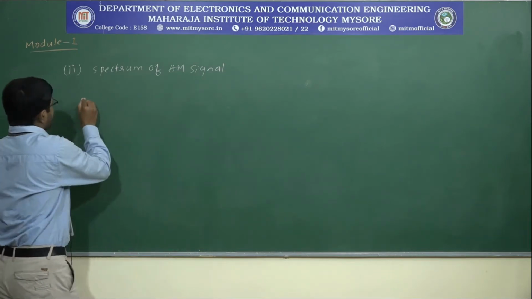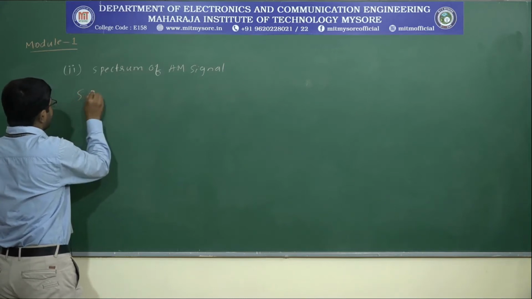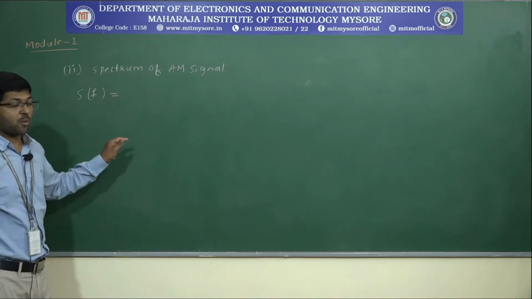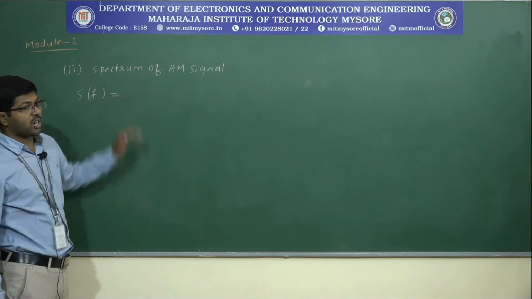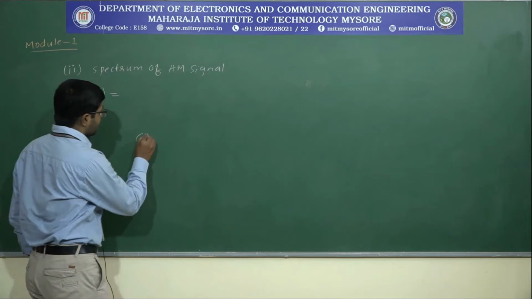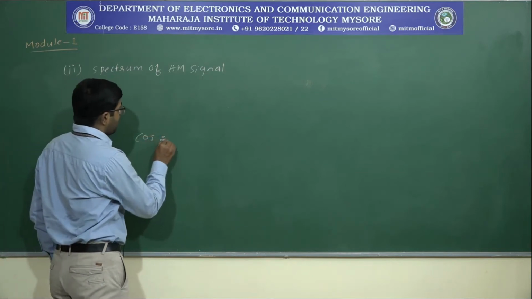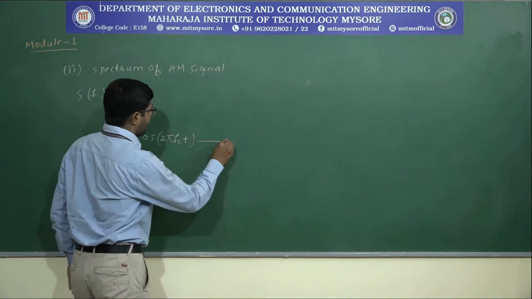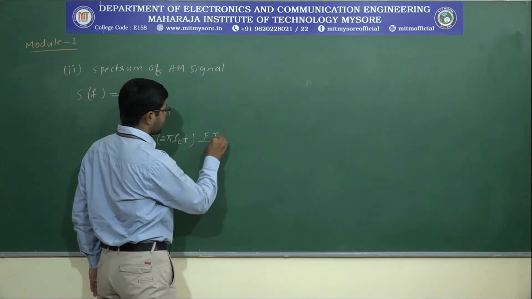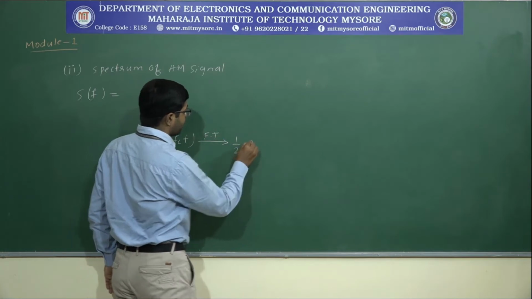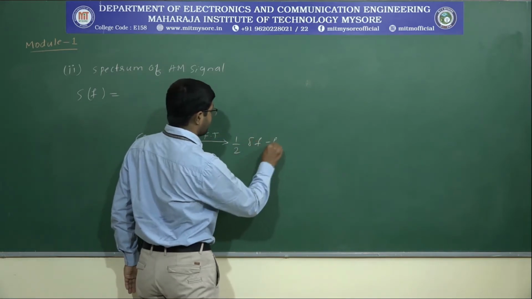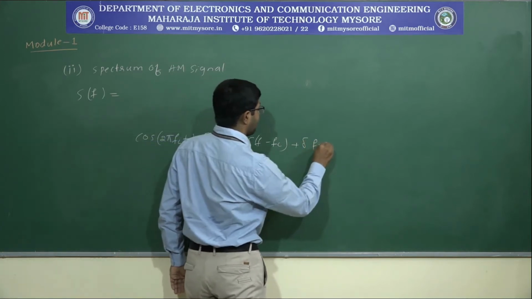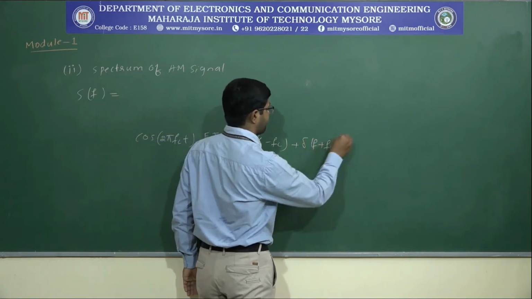Applying the Fourier transform for equation number 7, S of f is the Fourier transform of S of t. How can we write the Fourier transform? We have a standard transform. See, for cos 2 pi fct, the Fourier transform is 1 by 2 [delta f minus fc plus delta f plus fc].